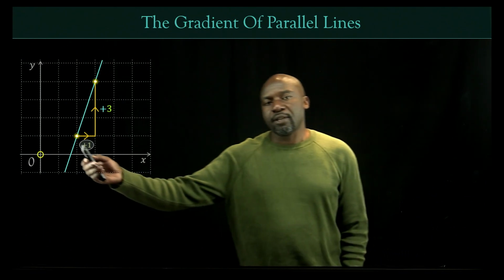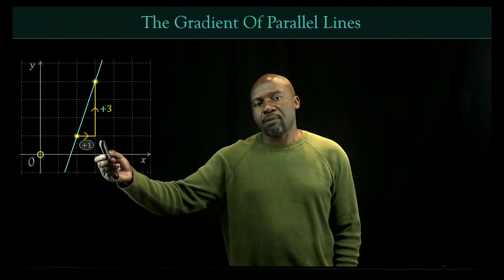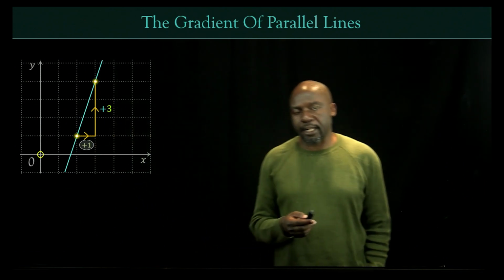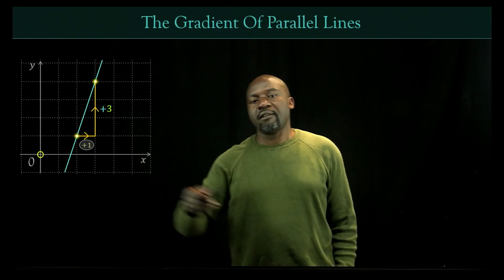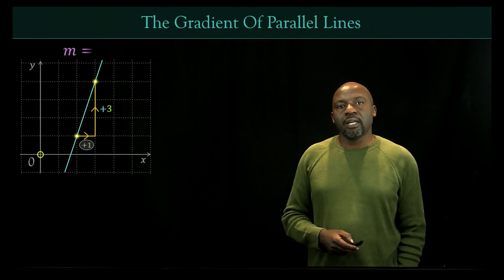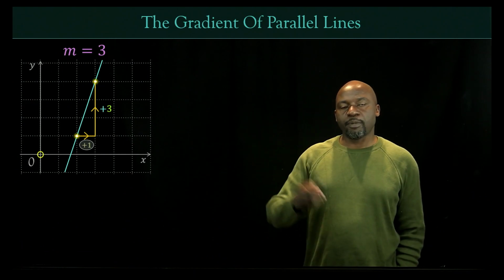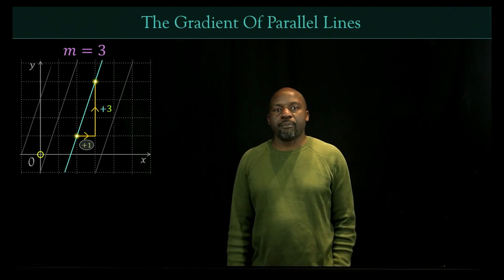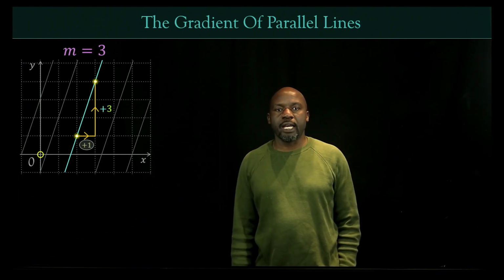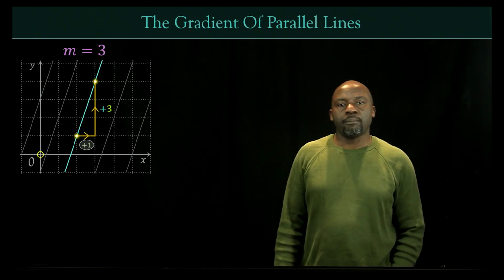A movement of one step in the x direction results in a movement of 3 steps in the y direction. Any line that is parallel to this line will have the same rule applying to it. We know the gradient of this particular line is 3. If we draw any other line parallel to this line, like those 4 there, you can see that the same rule applies.